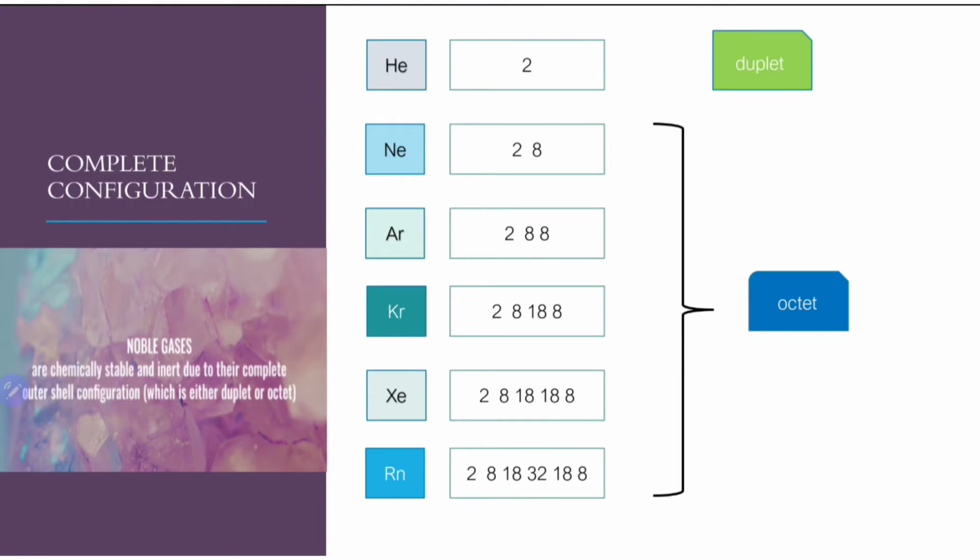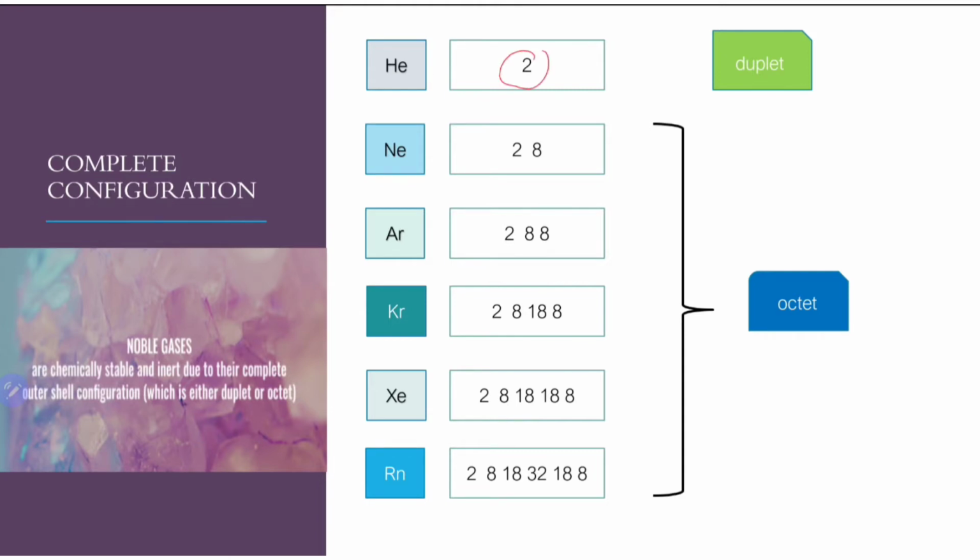Every atom, in order to get a stable configuration, will combine with other atoms, and after combining, the atom will reach the noble gas configuration. Here we have the noble gas elements. First, helium.